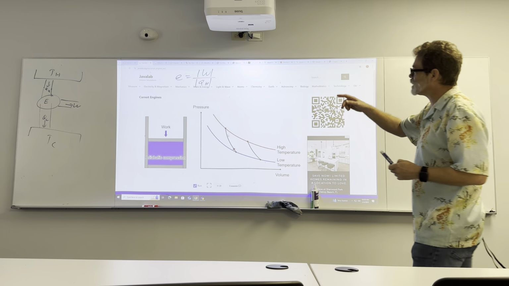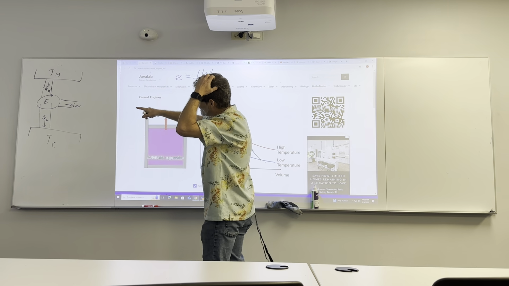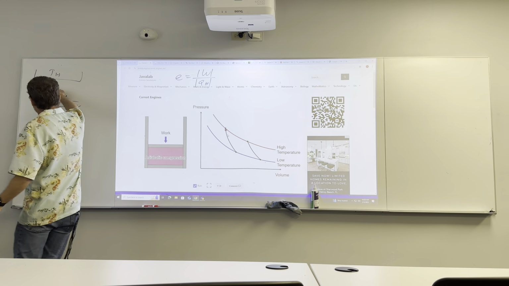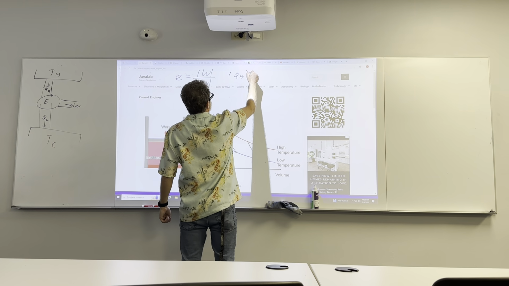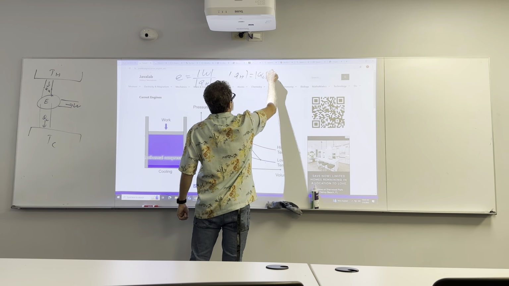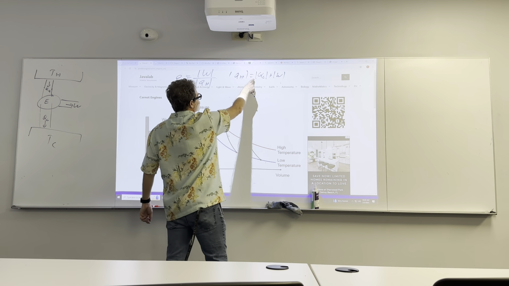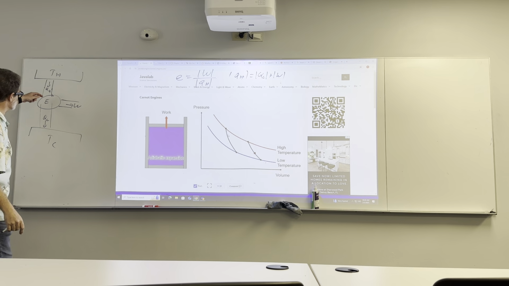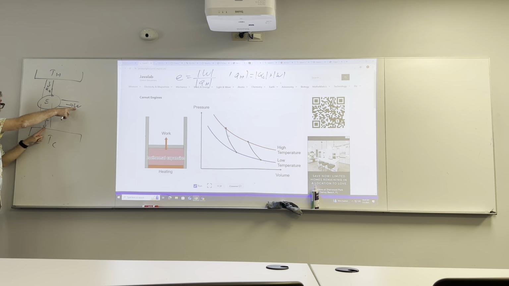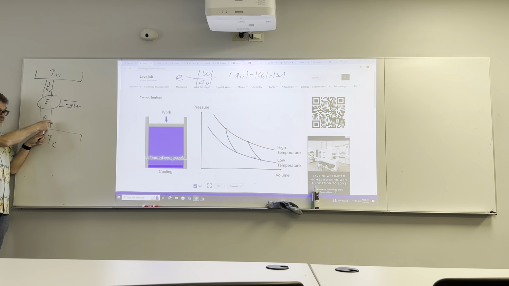Now I could rewrite this a little differently, knowing that these three quantities are related, QH, W, and QC. You can see conservation of energy tells me that QH is equal to QC plus W, right? The energy coming into the engine has to be equal to the energy going out of the engine, either in terms of the cold temperature or the work.